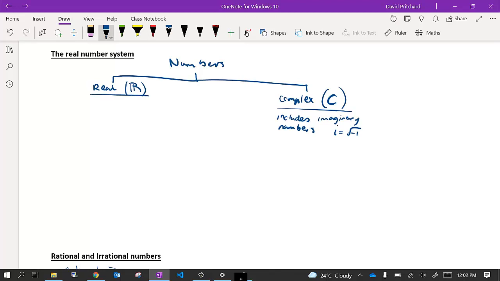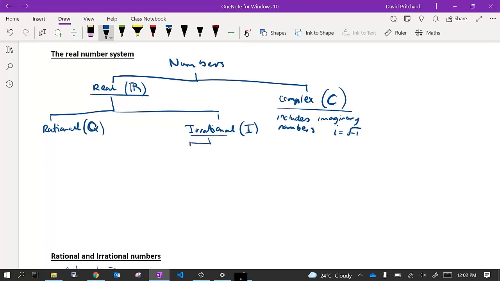Okay, our focus is the real number system, and the real number system can be broken down into rational and irrational numbers. So rational, and the set is Q, and irrational, and the set is I. Rational is our focus today. Irrational will break down really quickly into surds, and an example of that might be the square root of 5.